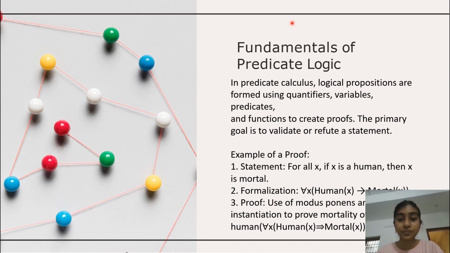In predicate logic we form propositions using the components we just discussed, like predicates. For example, we can take x as given, with the predicate symbols we have shown.